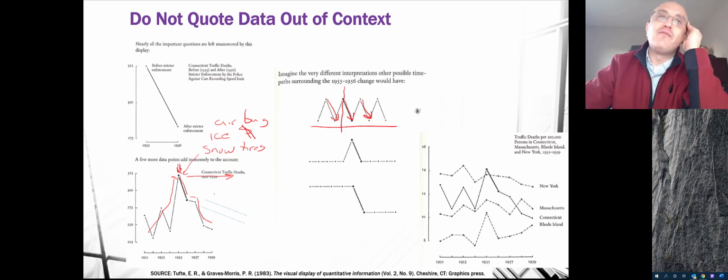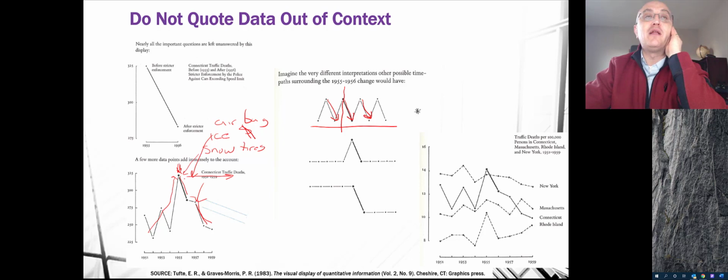Or even better, like airbags could have been invented in 1956 or 1957, right? And so we can't say that this continued decrease in traffic deaths is solely due to enforcing speed limits. Okay, and then we'd also want to know, did they continue to enforce speed limits? There's all sorts of variation that could have happened here.